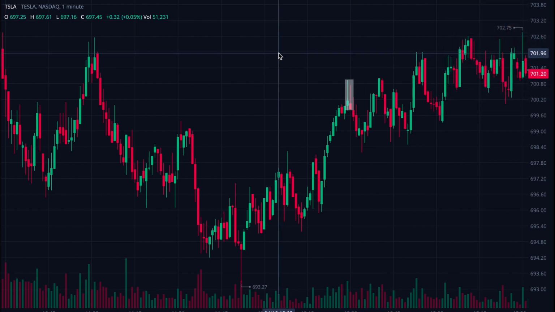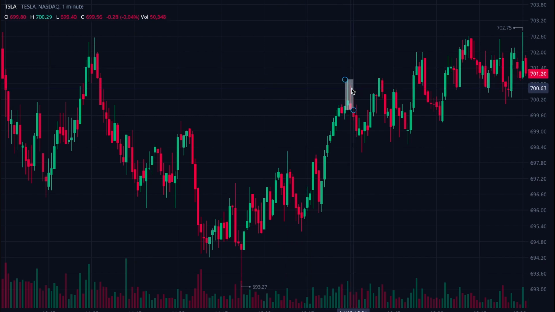Okay, so this red one is primarily what we're focusing on. Remember how we said we want the hammer to look green if we want to think of it as the best version of a hammer. It's at the bottom and it's green. The inverse hammer is at the top and it's red.